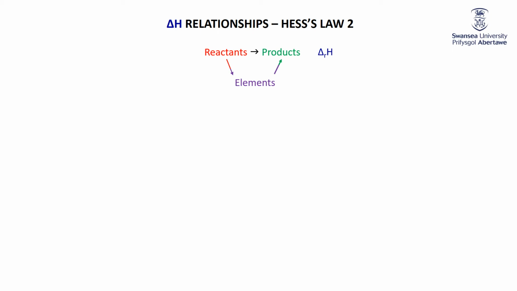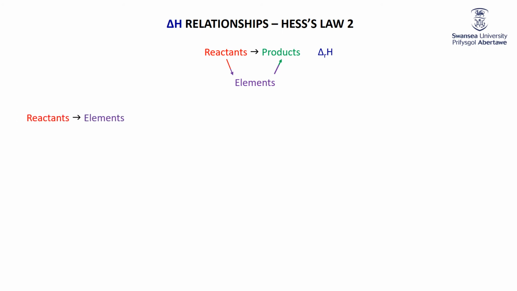Because the reactants have the same number of each type of atom as the products, we can think, on paper, that instead of going straight from reactants to products, which would have a delta H of delta RH, I'm introducing this notation here, just the generic delta H for the reaction, with that R in between, what I want to do is break it down, go to the elements first, and then back to the products.